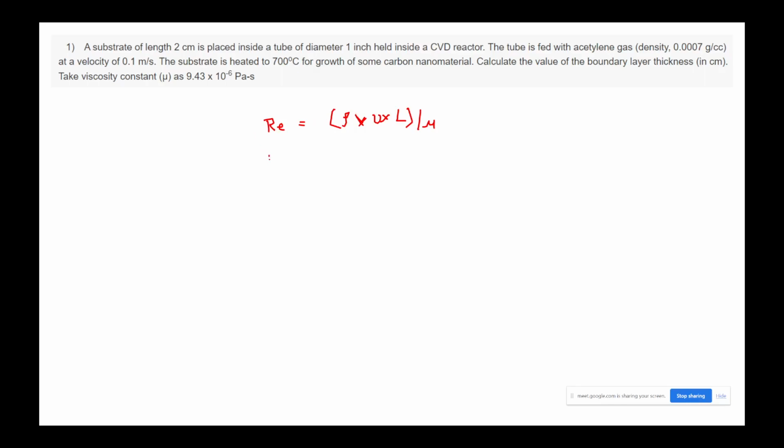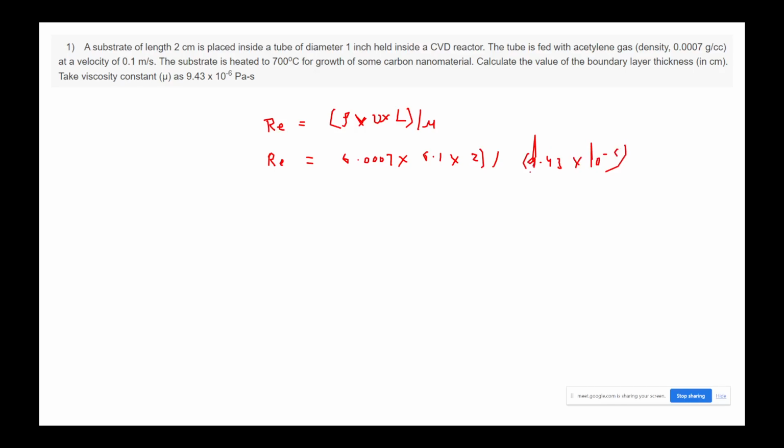Now if you substitute all that is given: rho, the density, is given as 0.0007, velocity is given as 0.1, and L is given as 2 centimeter, divided by mu, the viscosity constant, which is given as 9.43 into 10 to the power minus 6.